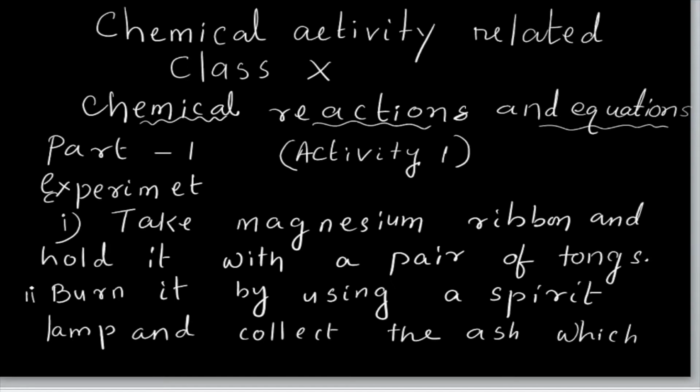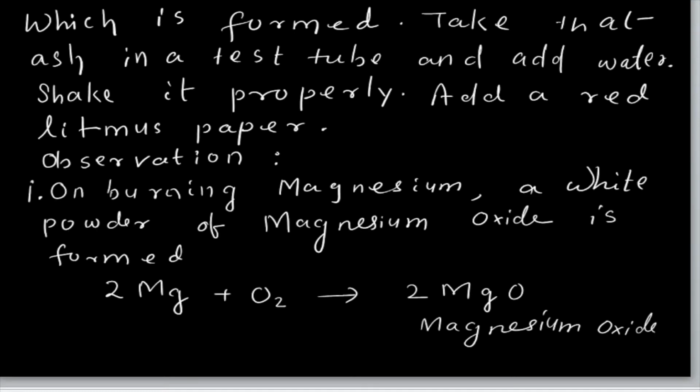I hope you have seen a spirit lamp, where with the help of spirit one can burn. But a Bunsen burner is also available in the lab. If it is available, burn it with the spirit lamp or the Bunsen burner and collect the ash. That means when magnesium ribbon burns, it produces some ash, a white powder.